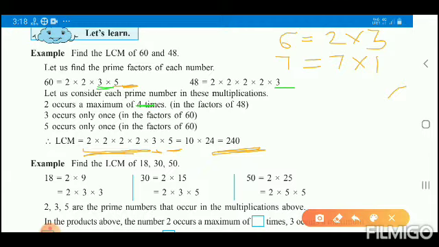Here, no number is common. So 2 occurs maximum 1 time only, 3 also maximum 1 time only, 7 also 1 time and 1 is also 1 time. So the LCM of 6 and 7 is 2 multiplied by 3 multiplied by 7 multiplied by 1.